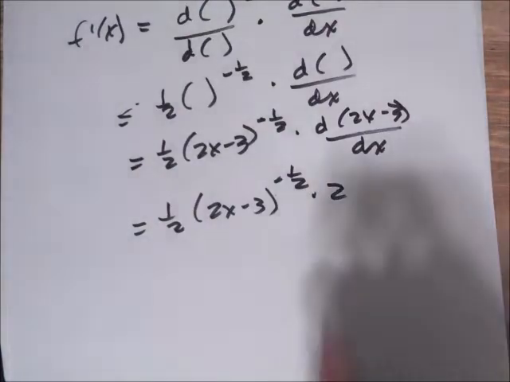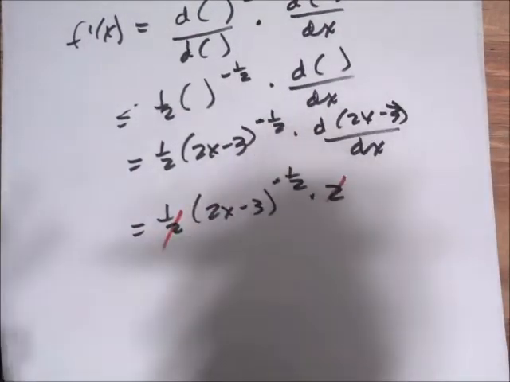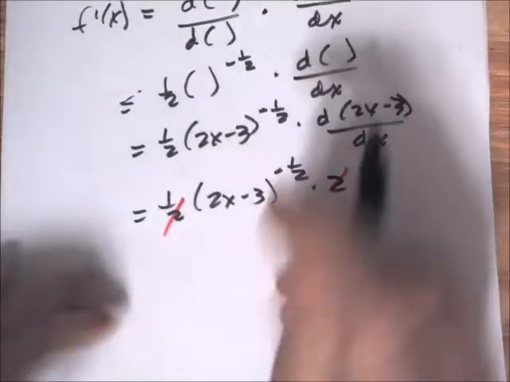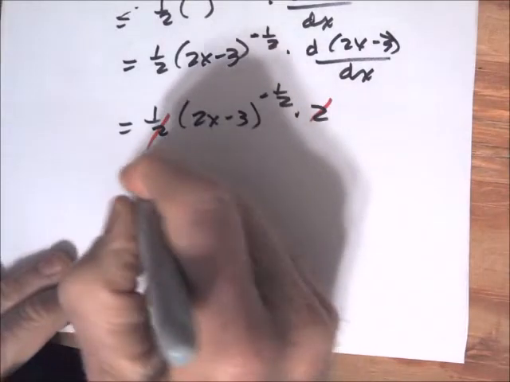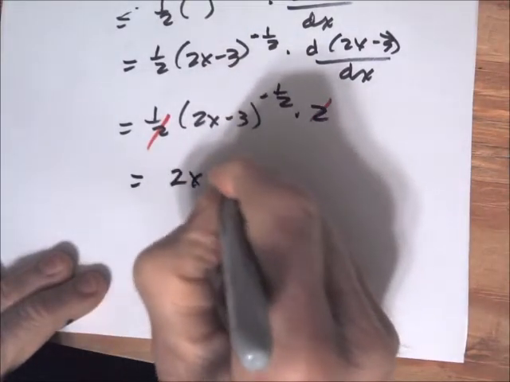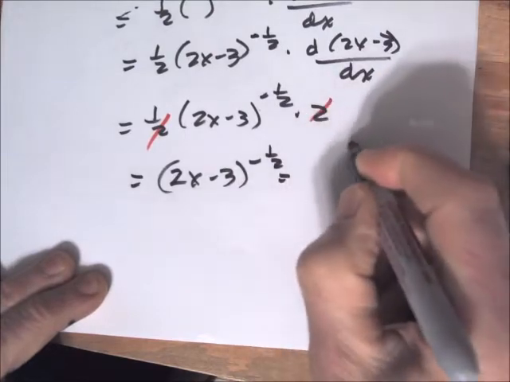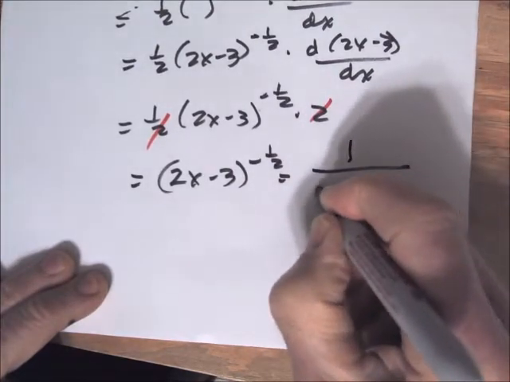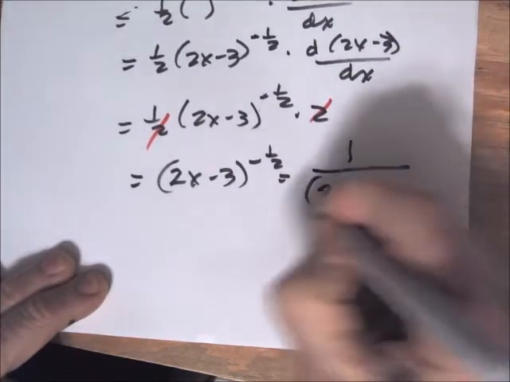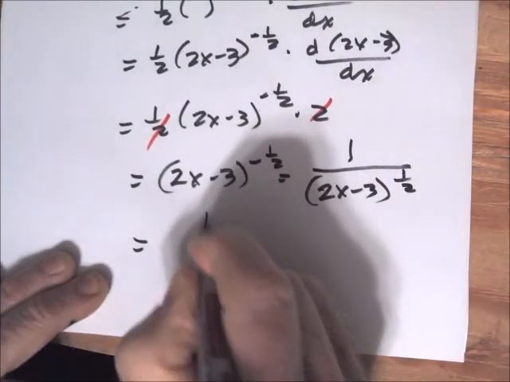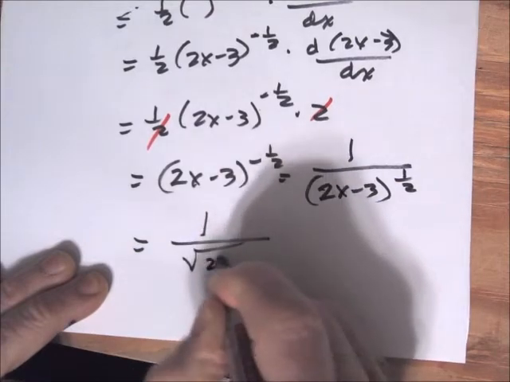So we're just going to have 2x minus 3 to the negative 1/2. And we can put it right back in radical form here. A negative exponent is 1 over a positive exponent, so this is 1 over 2x minus 3 to the positive 1/2. And half power means square root, so it's 1 over the square root of 2x minus 3.